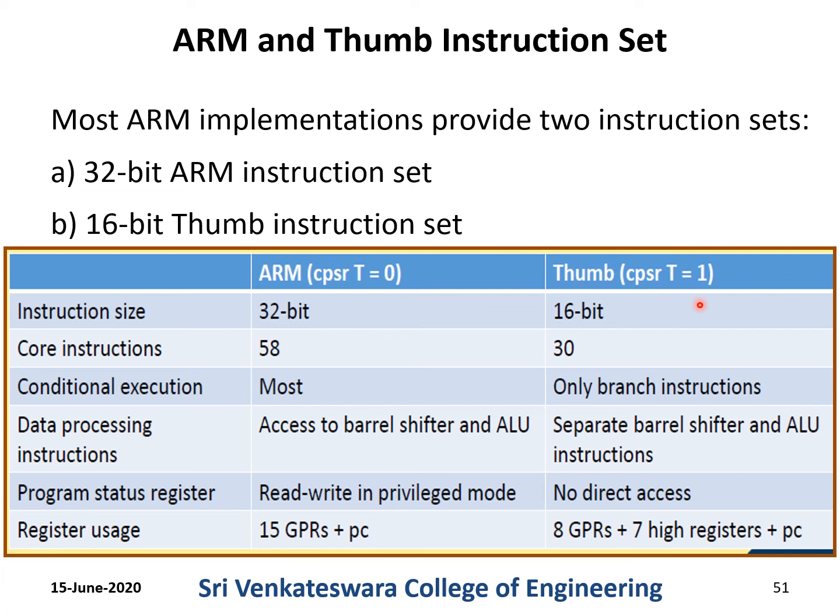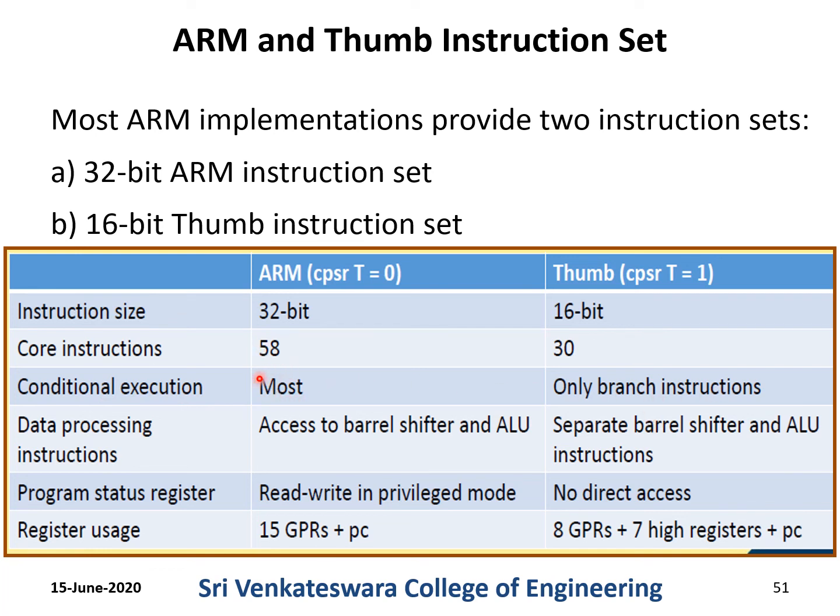In thumb state, the instructions are 16 bits in size. And in ARM state, all the core instructions are mostly in conditional execution format. In the forthcoming slides, we will see what is meant by conditional execution instructions and branch instructions.